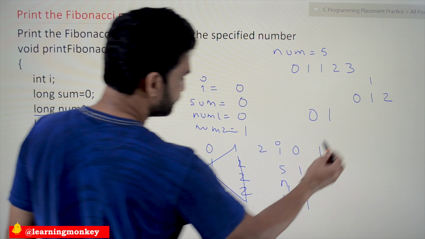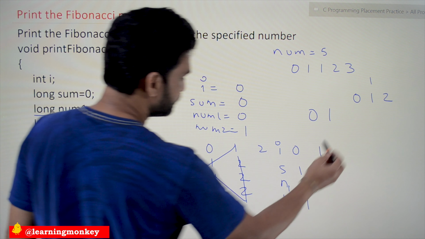In the fourth iteration, where the value of i is equal to 3, n1 will get printed, so 2 will get printed, and sum is equal to 5. n1 is equal to n2, so this will be 3, and n2 is equal to sum, so this is going to be 5.